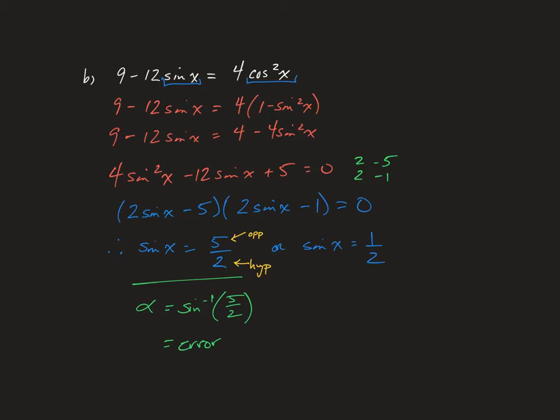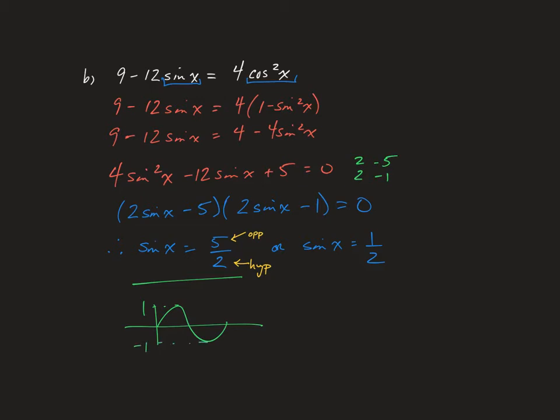On a greater understanding level, remember that when you graph your sine curve, the maximum value of your sine curve is 1. The minimum value of your sine curve is -1.